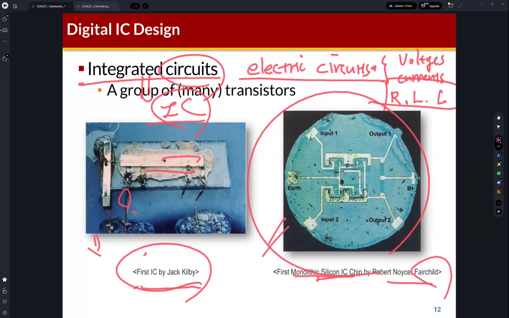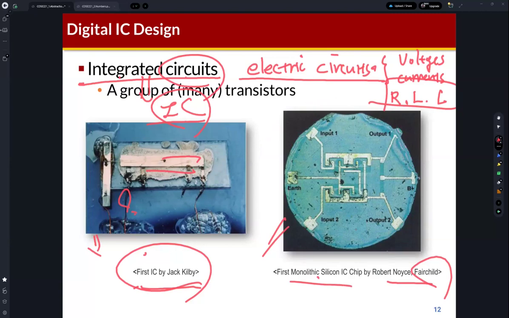Transistors are the basic component used for building logic gates. This circuit only includes one transistor, but as you can see, the size is very large, right? And this is the first monolithic silicon IC.